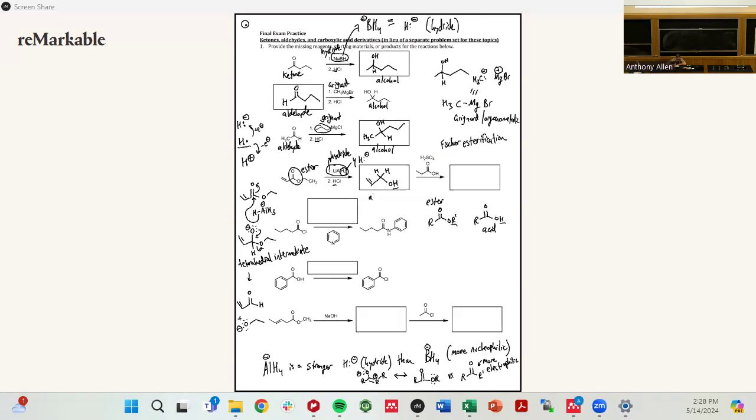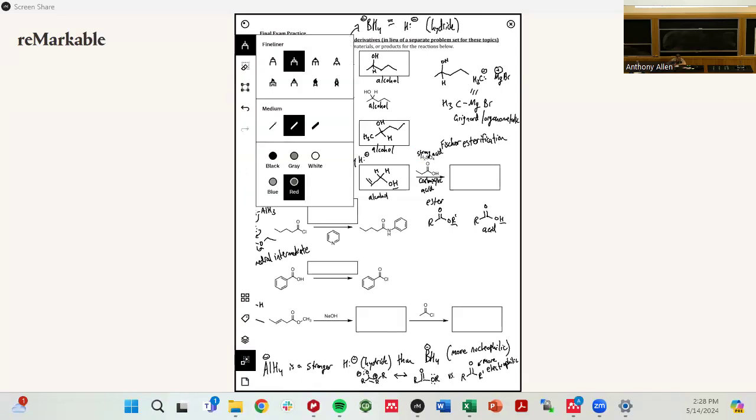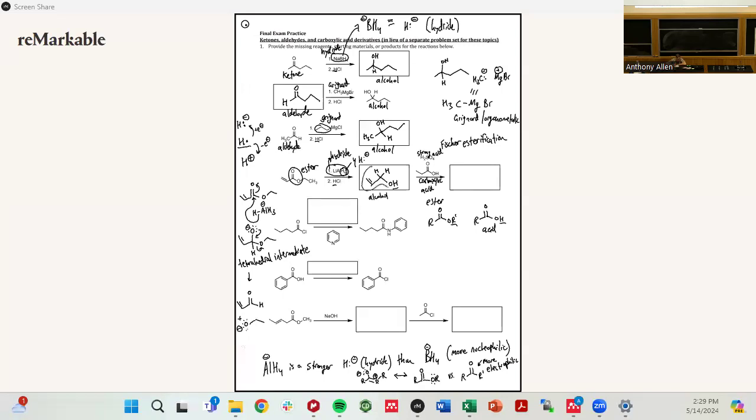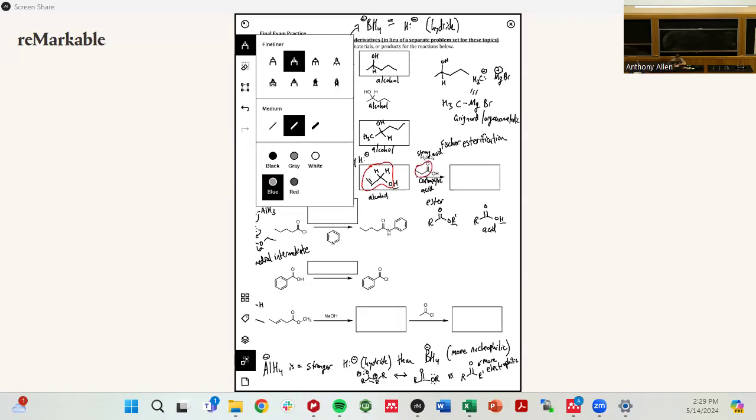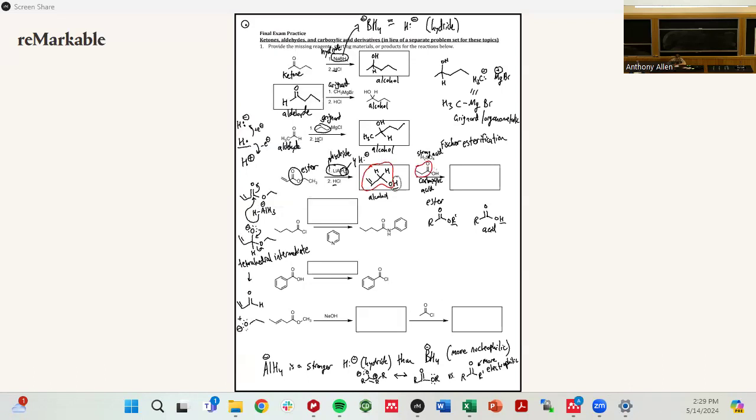So when you have an alcohol and a carboxylic acid with H2SO4 or just a strong acid, essentially what happens is that bit, this bit, that bit, you swap them.